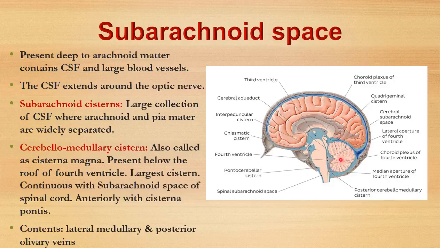Because until then the CSF circulates only within the ventricles: lateral ventricle, third ventricle, cerebral aqueduct, and fourth ventricle. The CSF within the ventricular system escapes out of this ventricular system and enters the subarachnoid space. And one place is the cerebellomedullary cistern or cisterna magna, which you are able to see here.